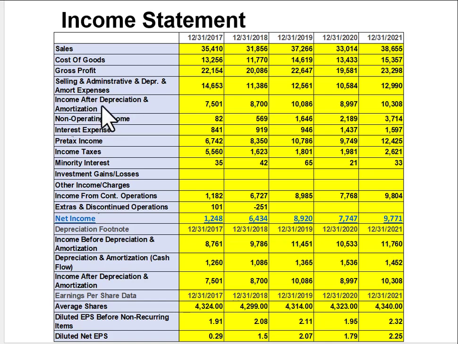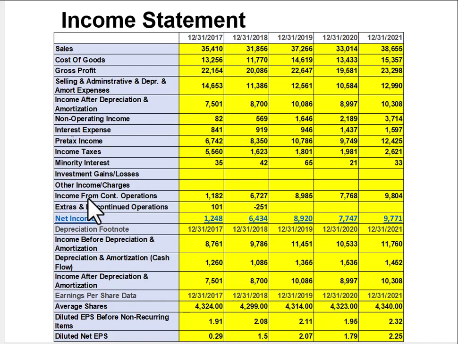They word it a little bit differently here: income after depreciation and amortization. This is essentially EBIT. Then we have some non-operating income. For some companies, it's important, others not. Then we have pre-tax income or earnings before taxes. And of course, at the bottom, net income.